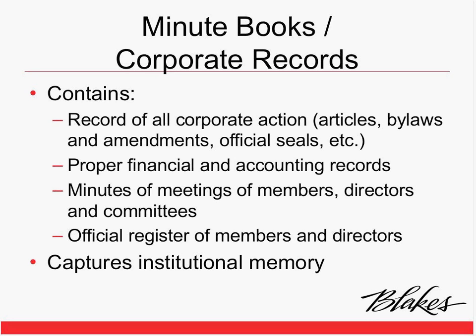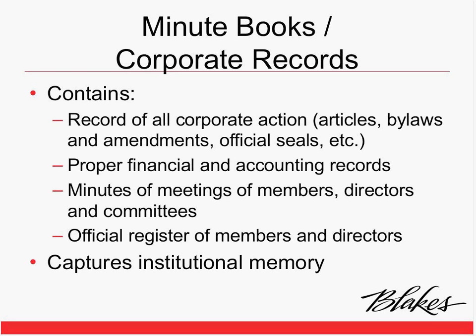Records are important as there are legal requirements to maintain them, but they are also an effective means of capturing institutional memory and ensuring that the relevant information is easy to locate for future directors, or frankly, for any potential partners, large funders, or government agencies who may want to conduct a due diligence review into the operations of the organization.